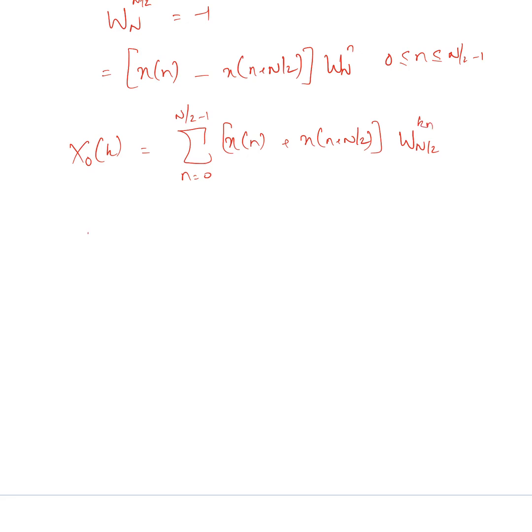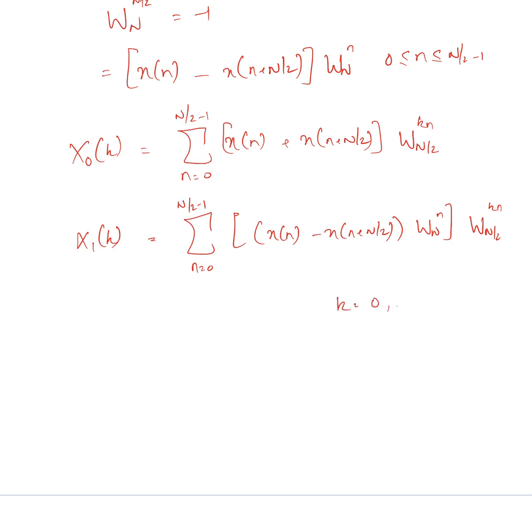Again, and for X1, for k 0 to n by 2 minus 1.